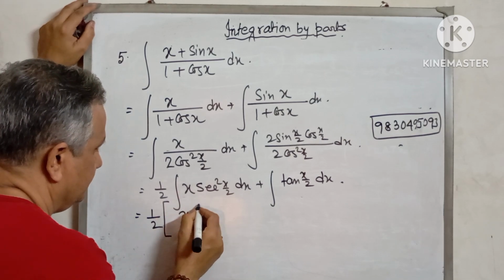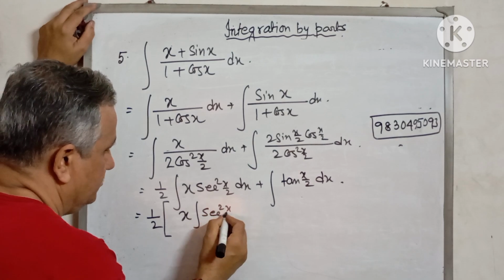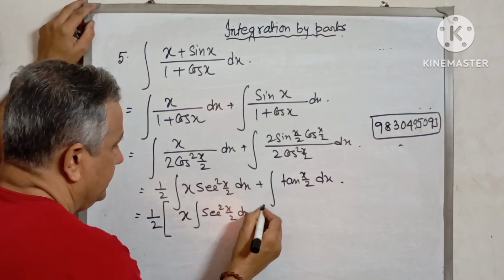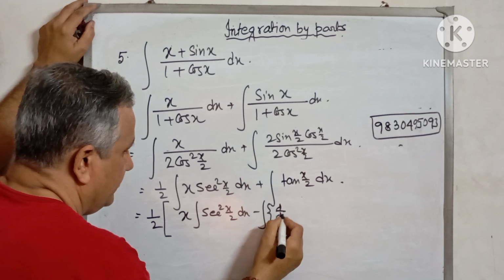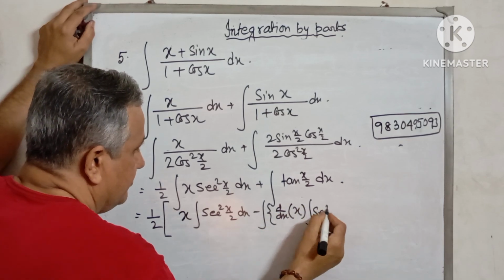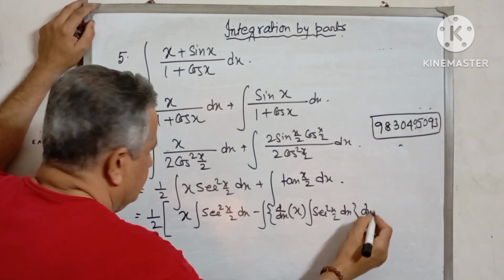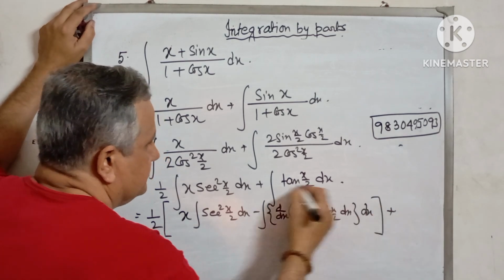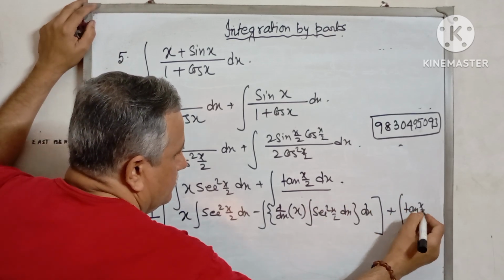So x using u into v rule, sec square x by 2 dx minus integration of d dx of x, sec square x by 2 dx whole dx, plus this tan x by 2 dx.